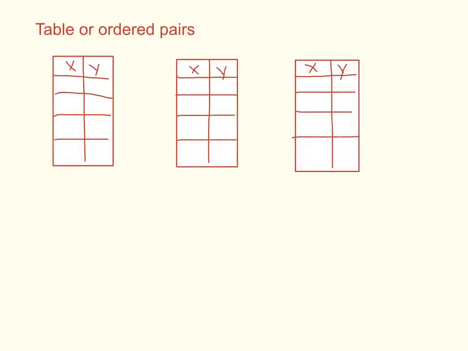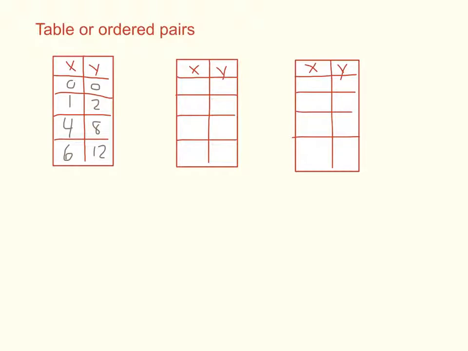Now we're going to take a look at determining if something is a function from either a table or ordered pairs. So, for example, they're going to give you something like x values 0, 1, 4, 6 and y values 12, 8, 2, 0.